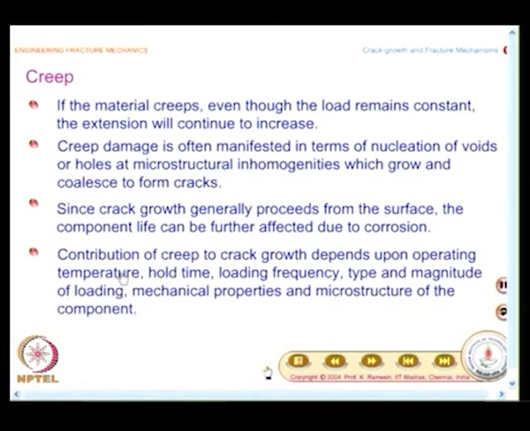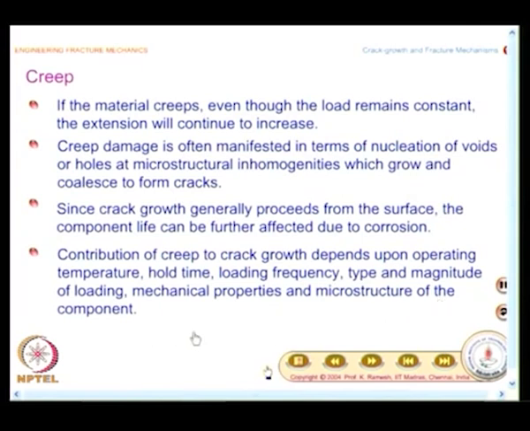As I mentioned earlier, operating temperature is very important, and you have many other aspects of the service condition contribute to creep. So, you have to look at the operating temperature, hold time, loading frequency, type and magnitude of loading, mechanical properties and microstructure of the component.